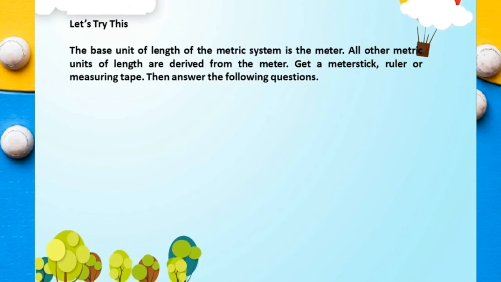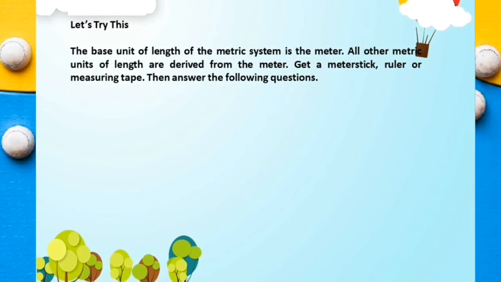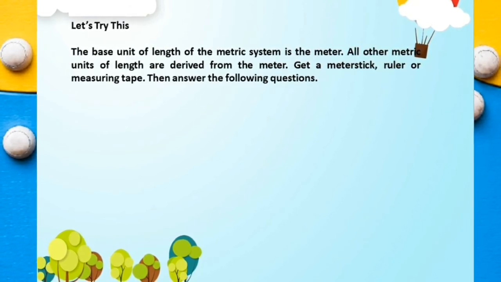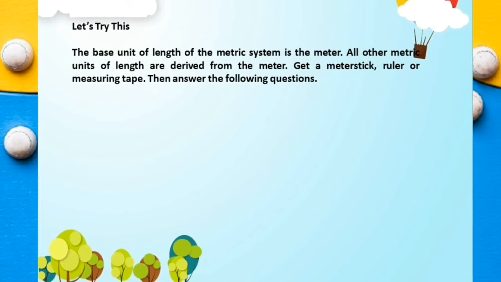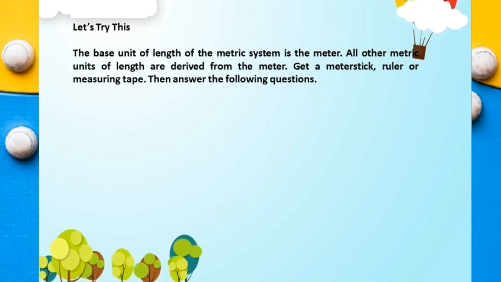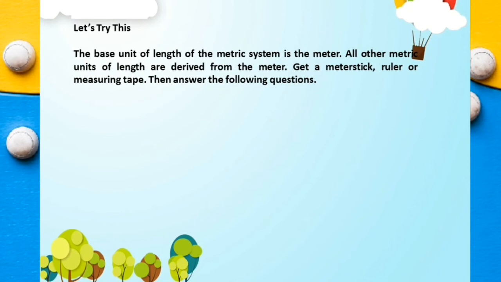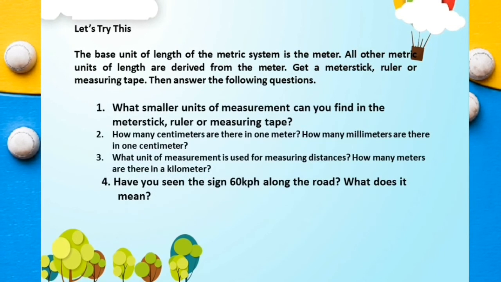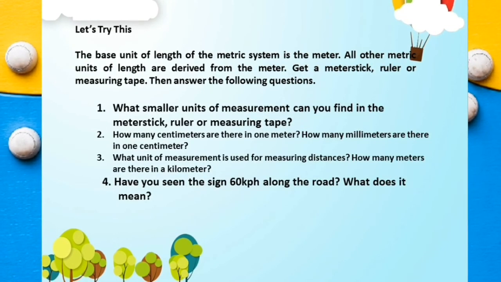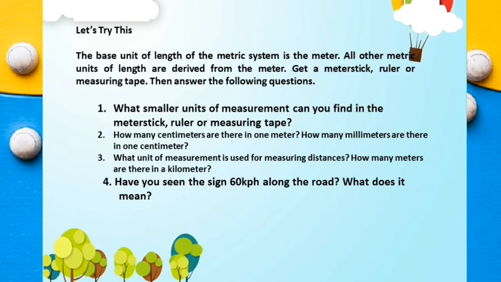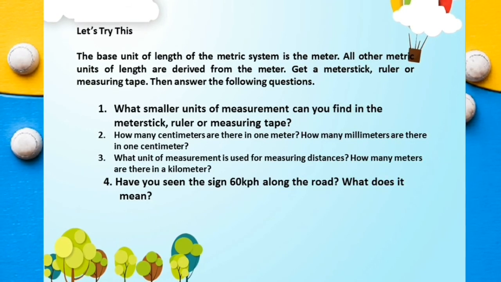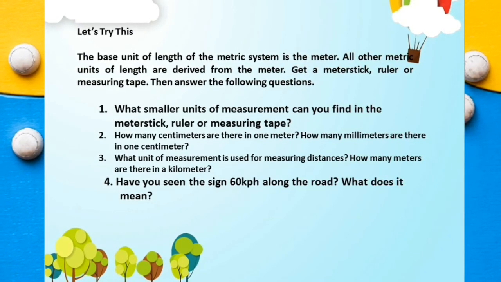Let's try this. The base unit of length of the metric system is the meter. All other metric units of length are derived from the meter. So, get a meter stick, ruler, or measuring tape, then answer the following. So, we have here 4 questions. Number 1, what smaller units of measurement can you find in the meter stick, ruler, or measuring tape?